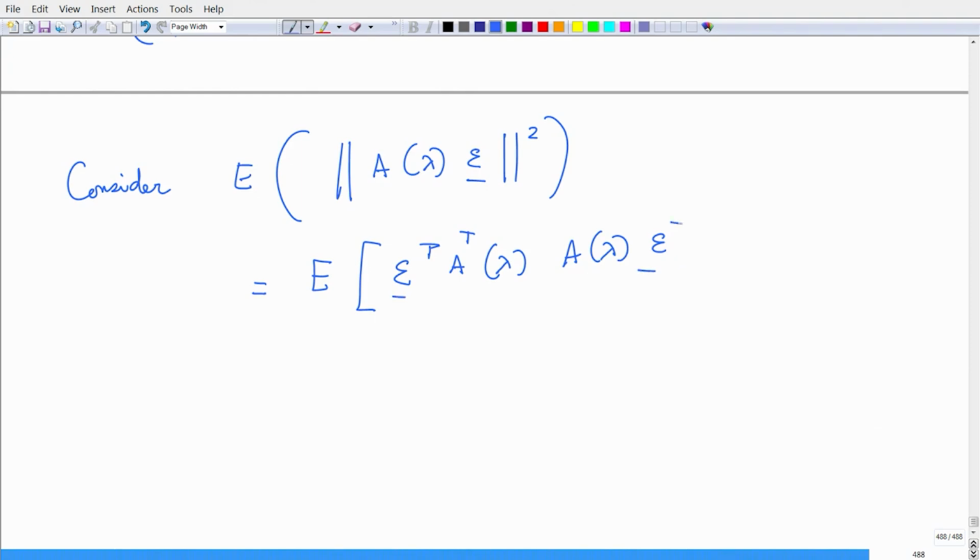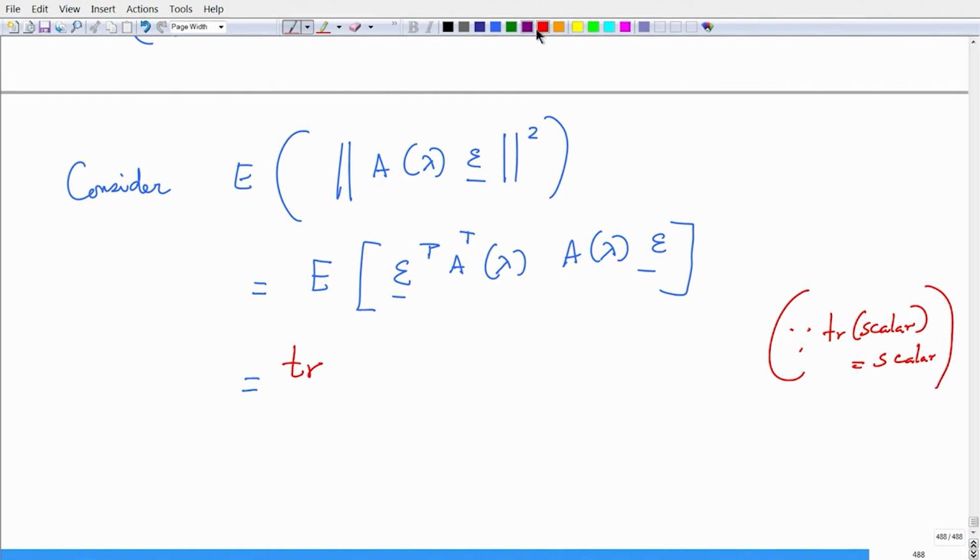Now, this is a scalar quantity, right, this norm square is a scalar quantity. So, I can bring in this trace operation outside, because trace of a scalar is essentially the scalar, but I will see how this trace can help me out.